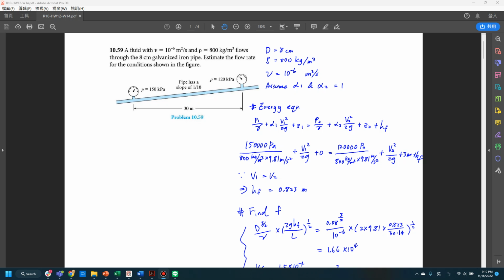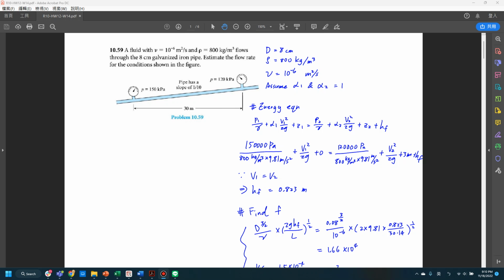And we have the velocity term, and we assume the datum to be 0 at point 1. Correspondingly, z2 is equal to 3 meters, because the slope of this pipe is 1 to 10.